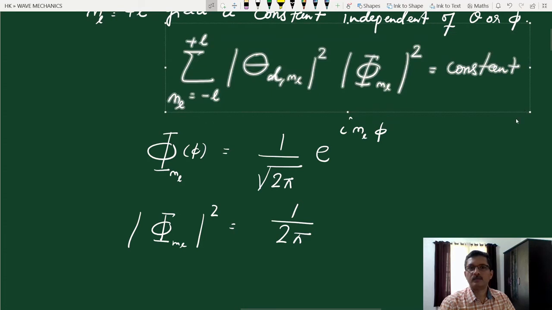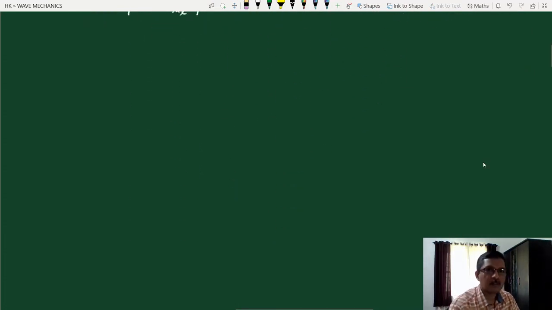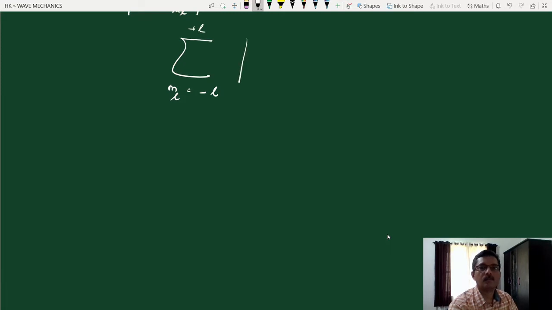We can rewrite the expression for Unsold theorem as sum over ml from minus L to plus L of mod theta square, where theta depends on L and ml, is equal to a constant.